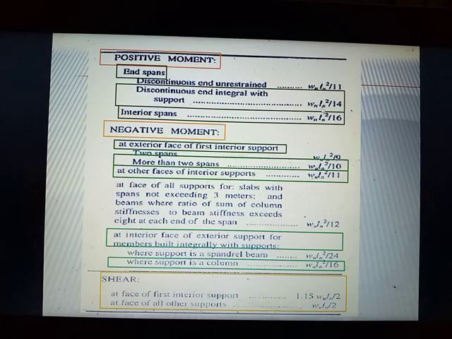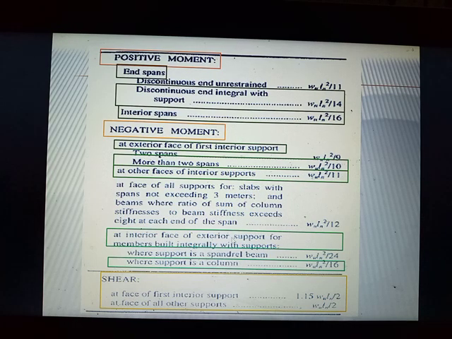So WLN squared over 14, and for interior spans, that is WLN squared over 16, when computing positive moments. For negative moments, since we have more than 2 spans, at the exterior face of the first interior support we use WLN squared over 10. And then for the other faces of interior supports, we use WLN squared over 11.